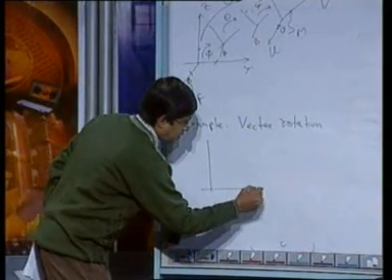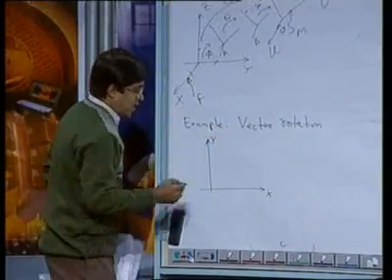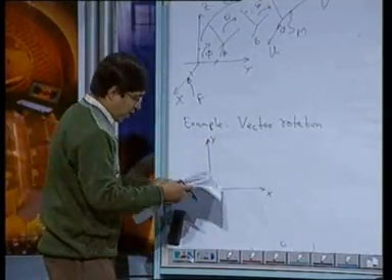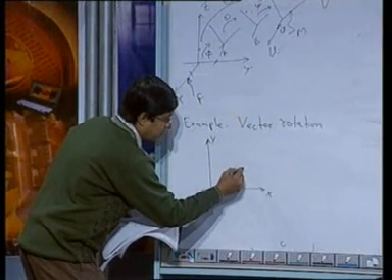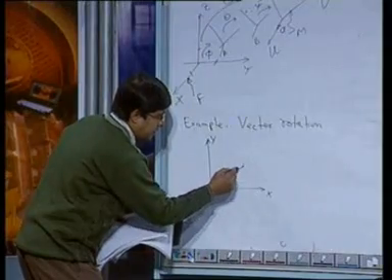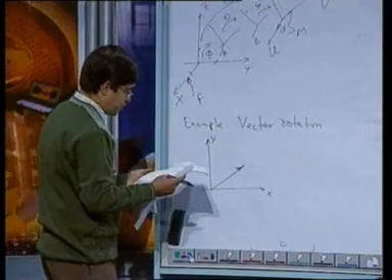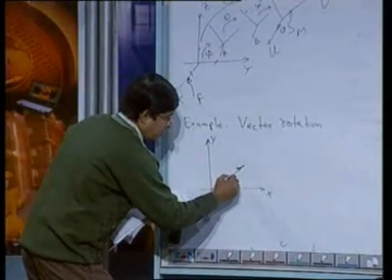Let us say I have this fixed coordinate frame, and a vector, which is the initial vector, denoted p prime.